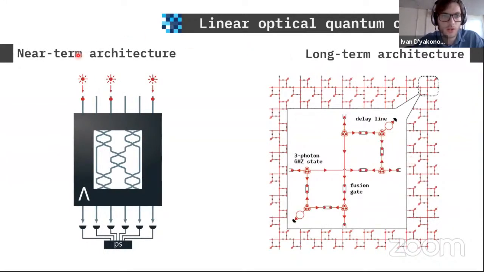The main topic of our research is depicted over here. Linear optical quantum computing could be, in general, dissected into 2 different parts. The first one is a more or less near-term architecture, which everyone uses in contemporary experiments. The photons here start at the very beginning of the circuit.